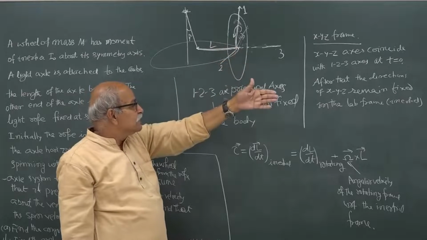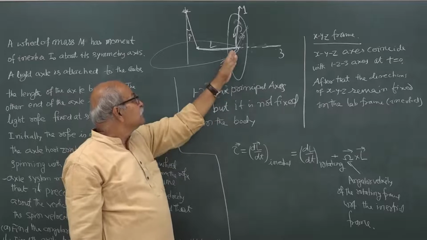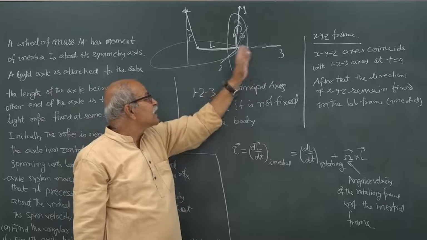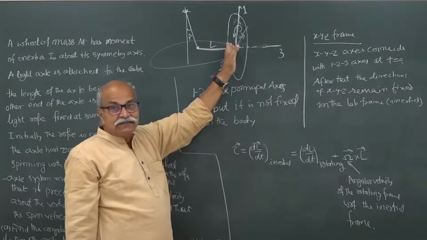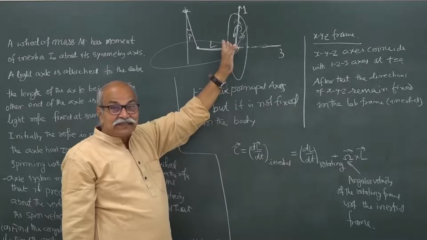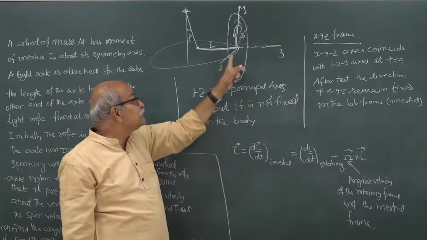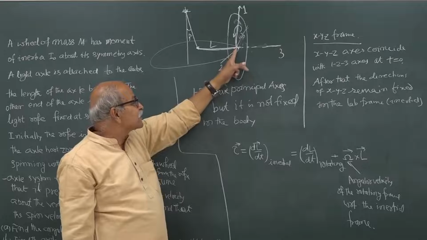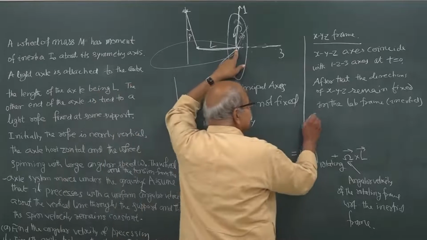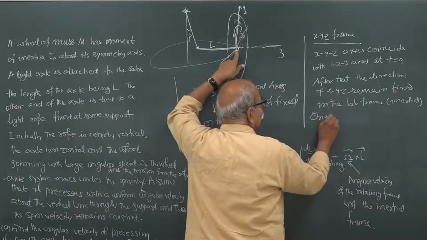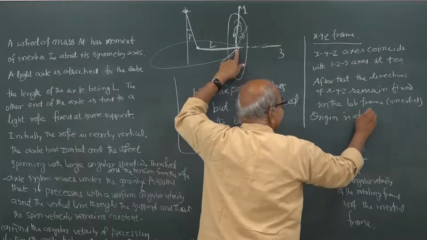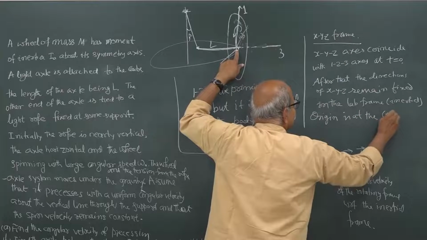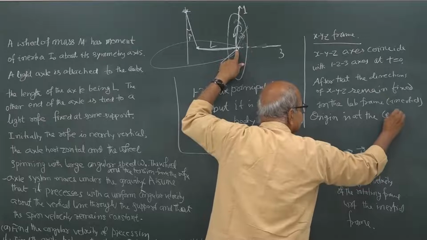If the wheel is going from here to here, this 3 axis, for example, is also going, it is normal to the disk, but our xyz axis, the origin will go. The origin of this xyz frame is at the center of the wheel, same origin as for 1, 2, 3.